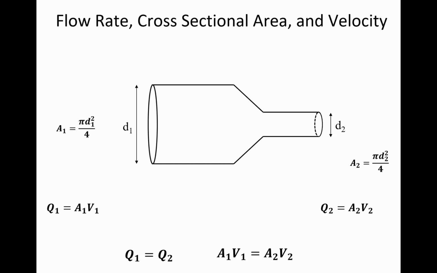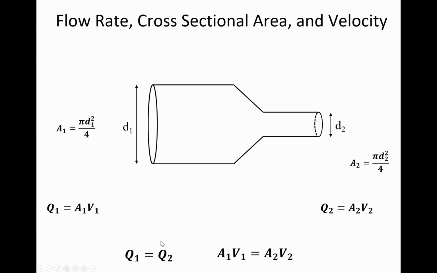And then if you know the area and the velocity of the flow, that's how you can get the flow rate Q. And so continuity says Q in equals Q out. So flow in equals flow out.